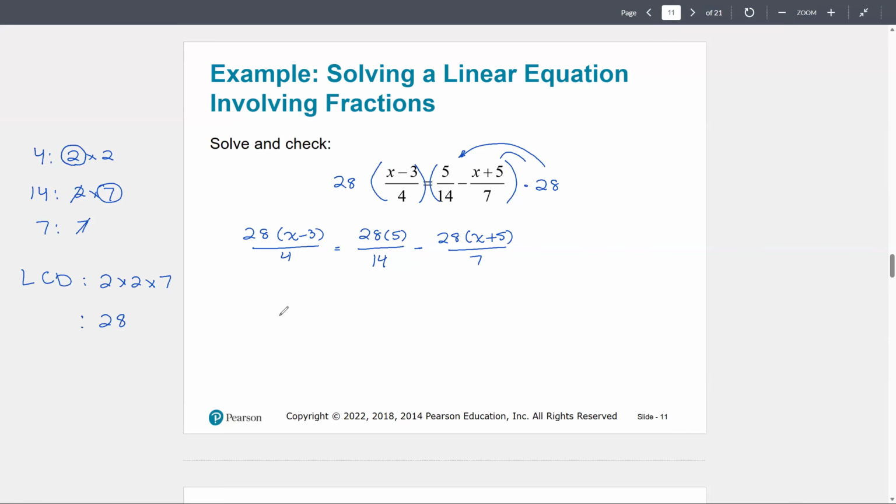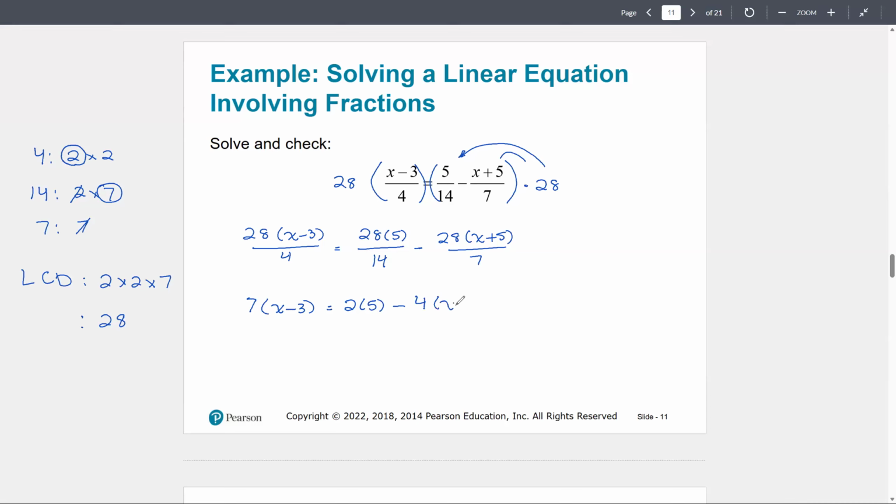So my 28 divided by my 4 is just going to leave me with a 7. So I have 7 times x minus 3 equals 28 divided by 14 is just 2 times 5. And then 28 divided by 7 is just 4.